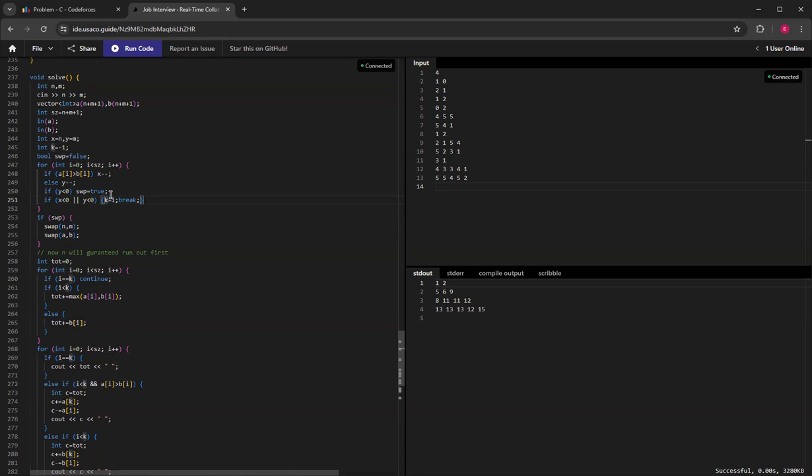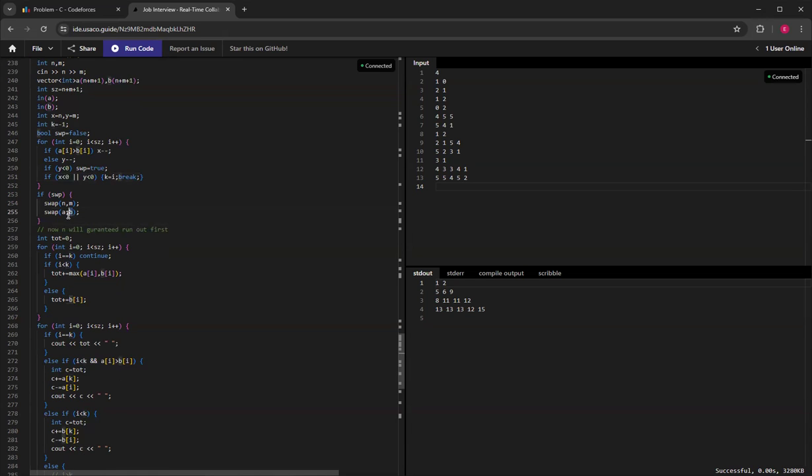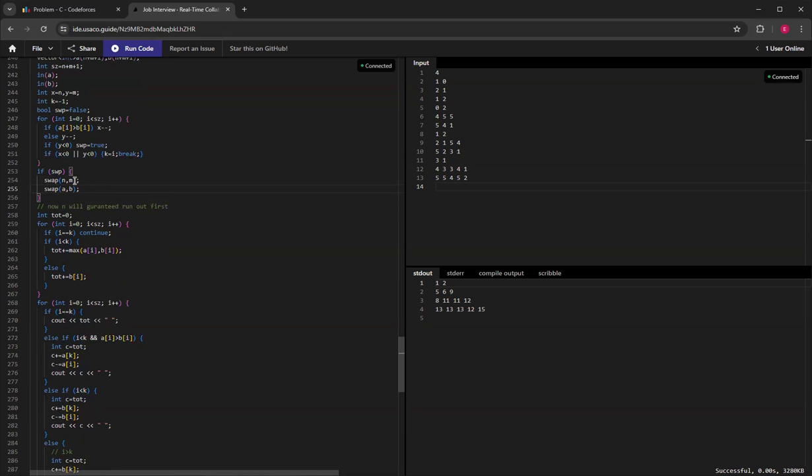If the testers run out, I swap N and M and A and B, so that N and A are guaranteed to run out first. So B is either going to be their favorite or their forced one after K, which is the index. And I keep track of the total, and this is the pre-calculating part.